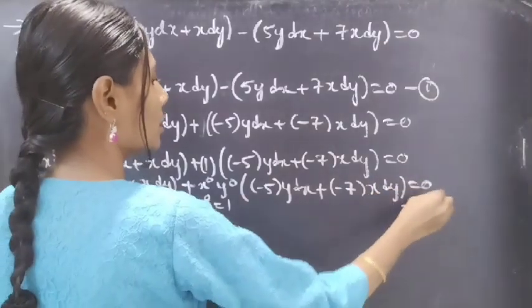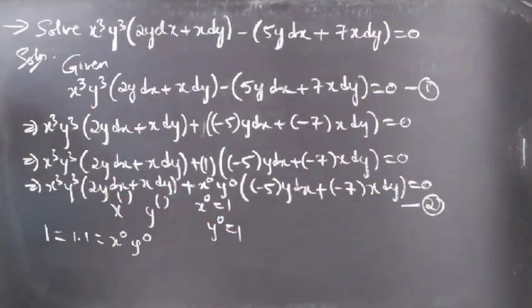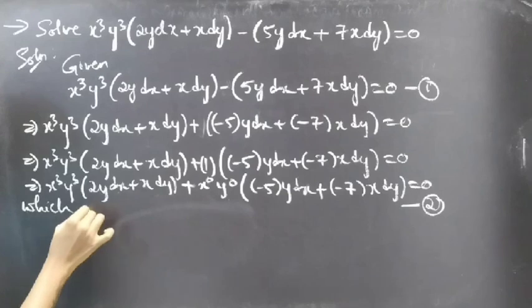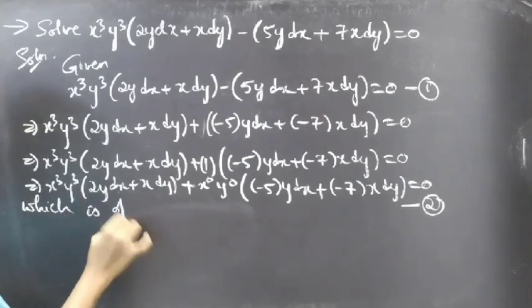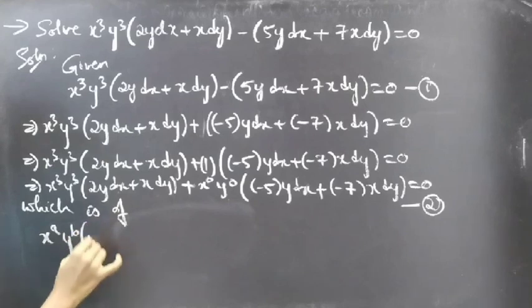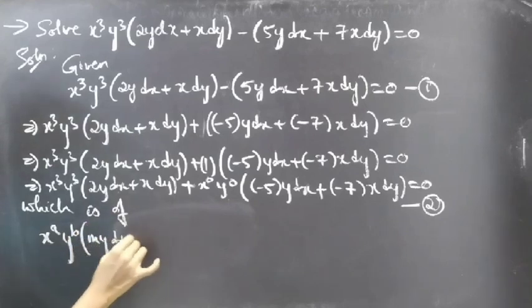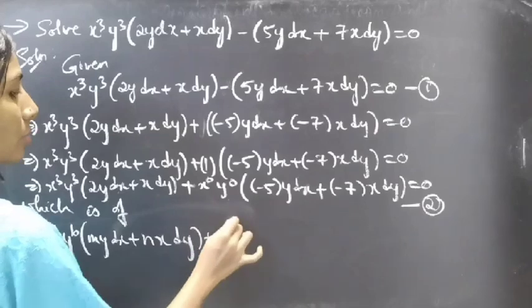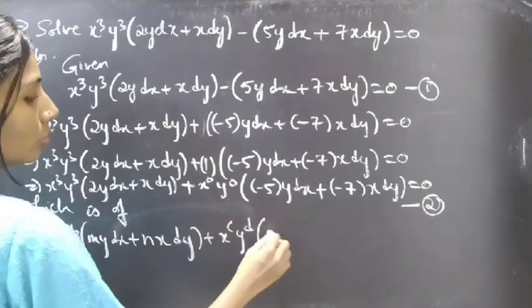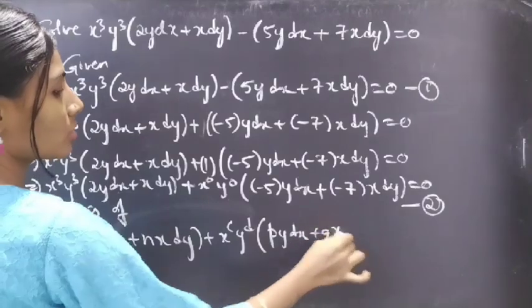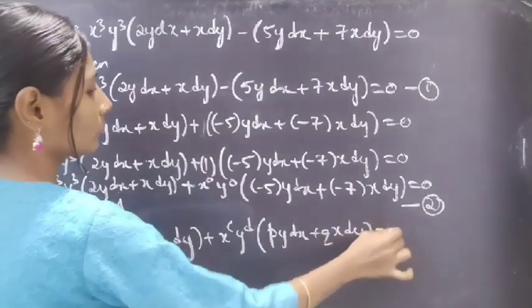I'll consider this as equation 2, which is of the form x power a y power b into mydx plus nx dy plus x power c y power d into pydx plus qxdy equal to 0 form.